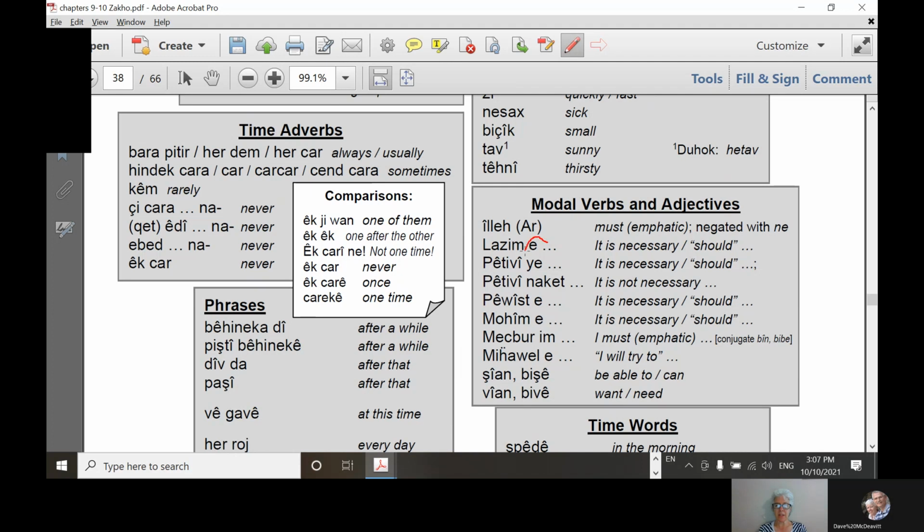Otherwise, none of these use anything except or ya. Nakat, which is when it's negated, it uses nakat as that negation form. And then shion b'shay, I can, you can. Vion b've, I want or need to do something. These are your most common modal verbs and adjectives.